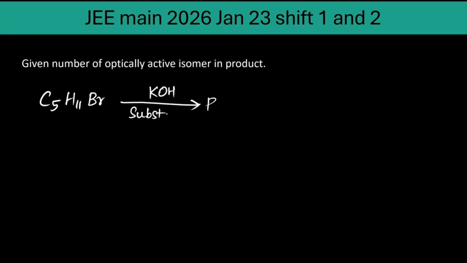Given number of optically active isomers in product. So C5H11 is undergoing a substitution reaction to give product P. So what will be formed? C5H11OH will be formed over there. So let's try to draw the structures.